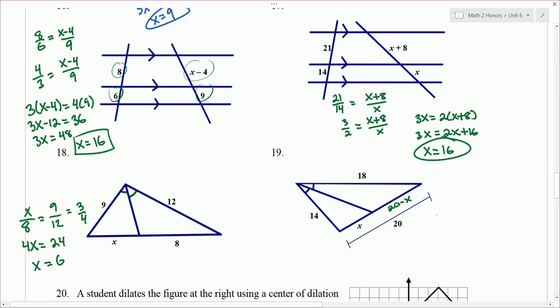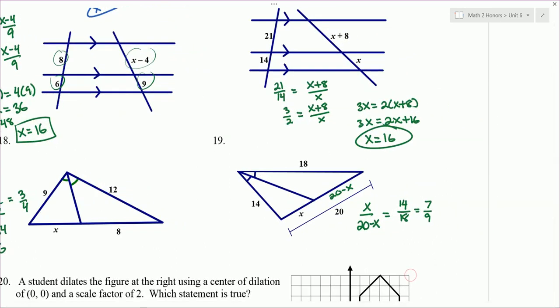So when we set up our proportion here, we're going to say x over 20 minus x is equal to 14 over 18. 14 over 18 we can cut in half to 7 over 9.